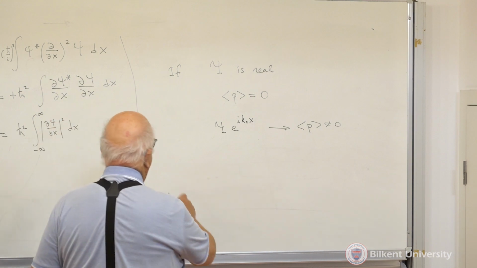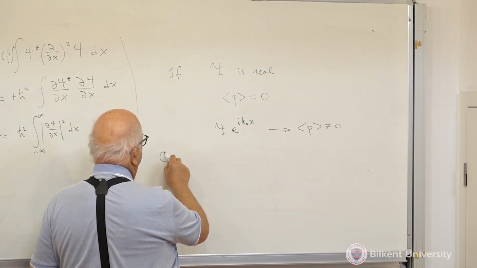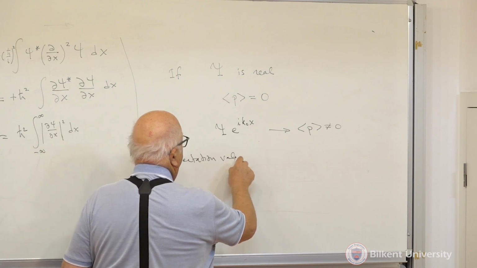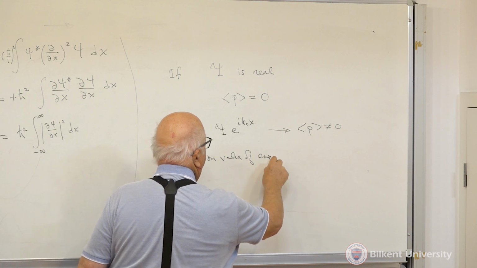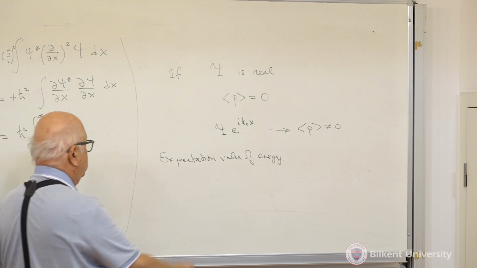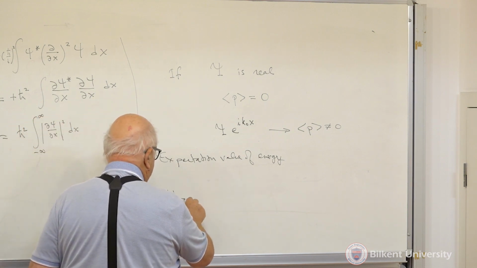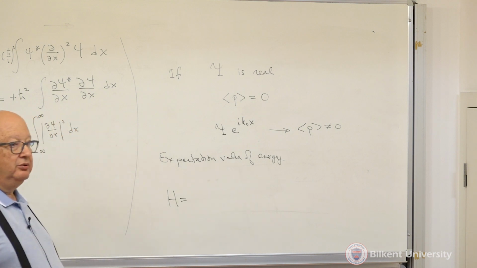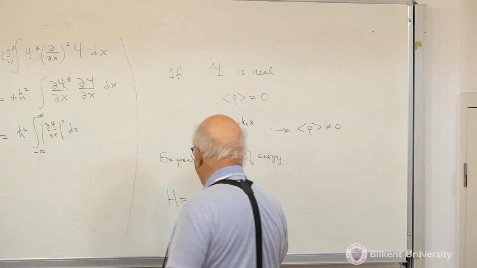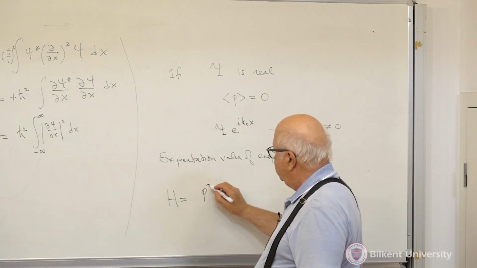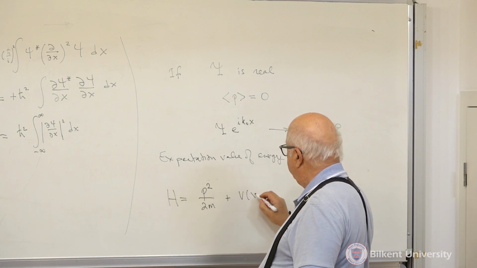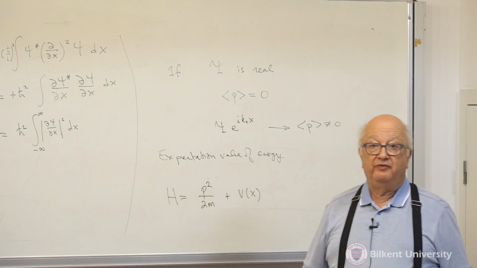For example, you can calculate what is the expectation value of energy. Now, the total energy, we give it the name H. So H is the Hamiltonian, and that is the kinetic energy, p squared over 2m, plus the potential energy, which is a function of position.